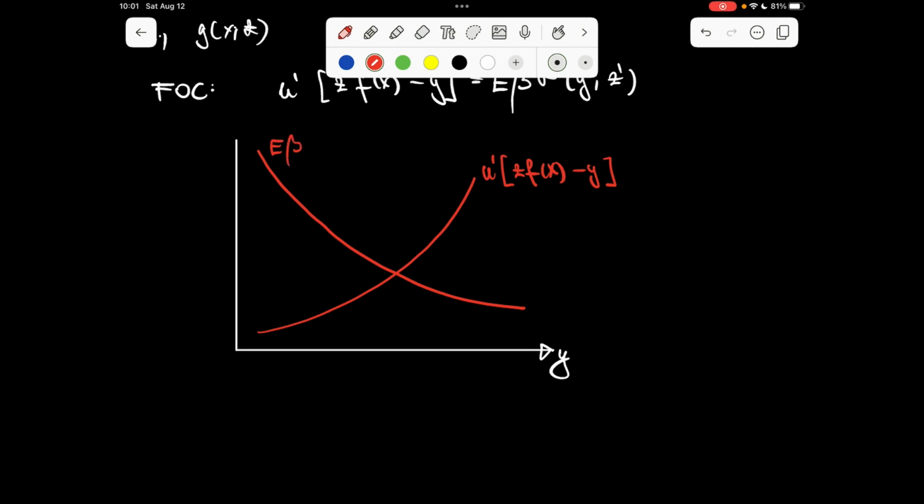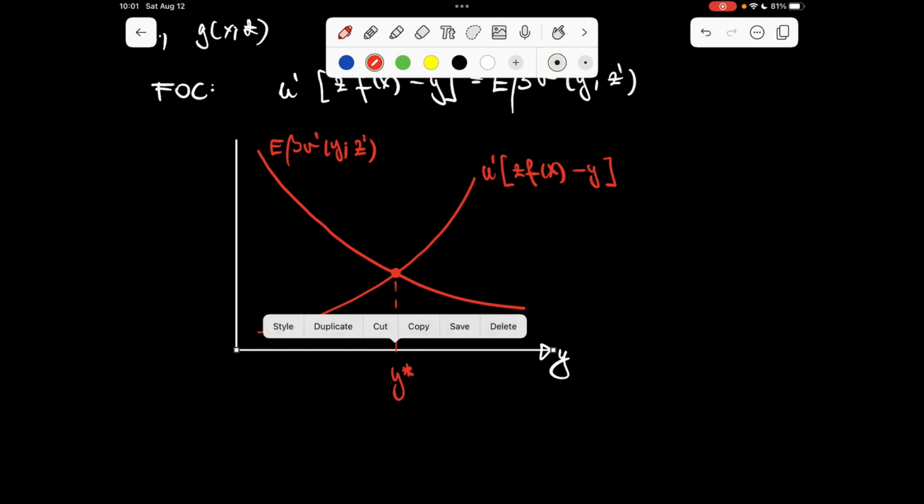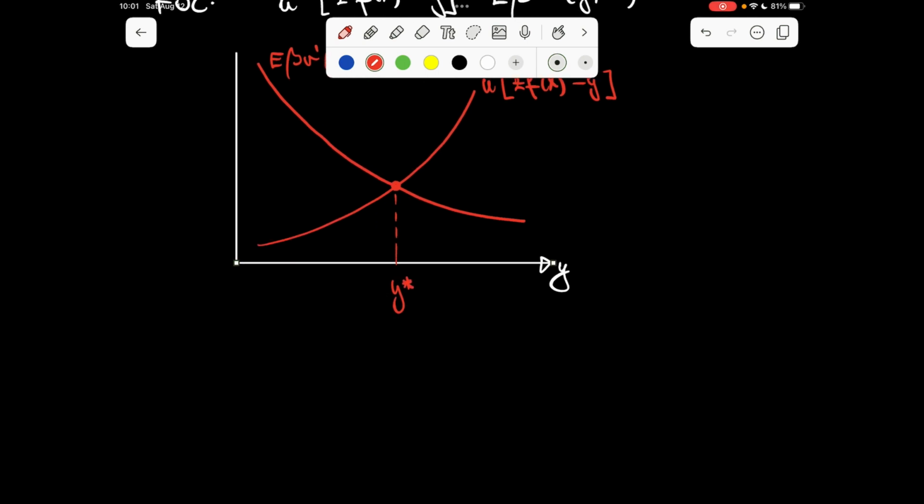Given the fact that the shock is i.i.d, we can use this simplified version of the right hand side. So we don't need the integral. We can use the expectation operator. In this point, we have a unique choice as the equilibrium of the two sides, and this is the policy function, the output of the policy function with the given x and z.